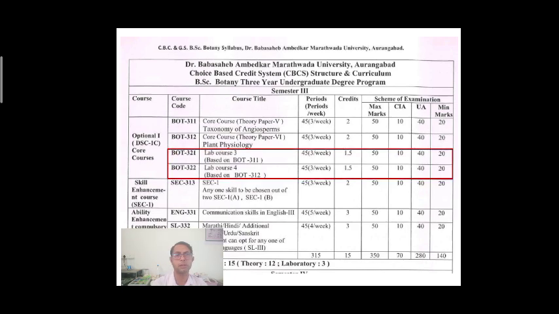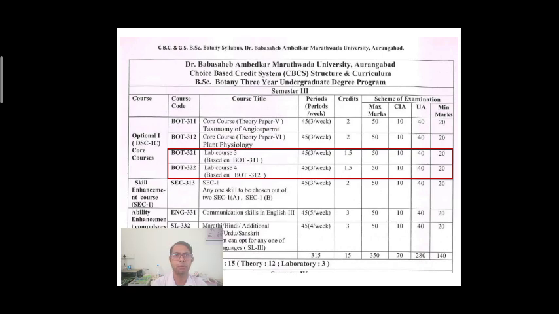and the other exam is for 40 marks. Along with that there will be a lab course or practicals based on these two theory papers, and the titles of the practicals are lab 3 and lab 4. Lab 3 is based on the first paper, taxonomy of angiosperms, whereas lab course 4 is based on plant physiology.